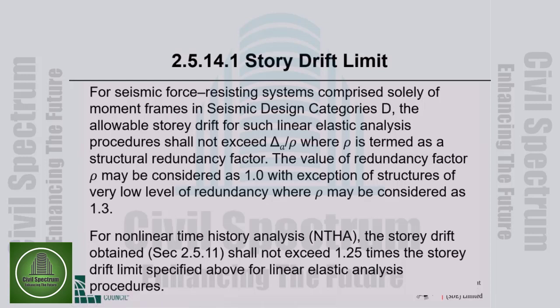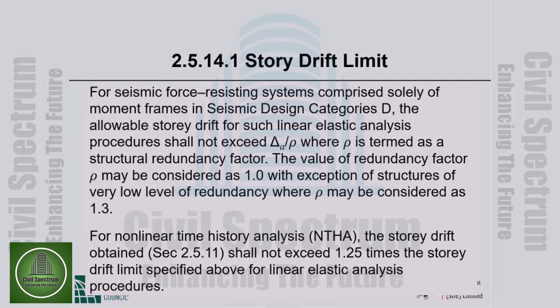BNBC also says for nonlinear time history analysis, which we haven't discussed, this is one of the dynamic analysis methods, the most sophisticated one, the story drift obtained shall not exceed 1.25 times the story drift limit specified above for linear elastic analysis.